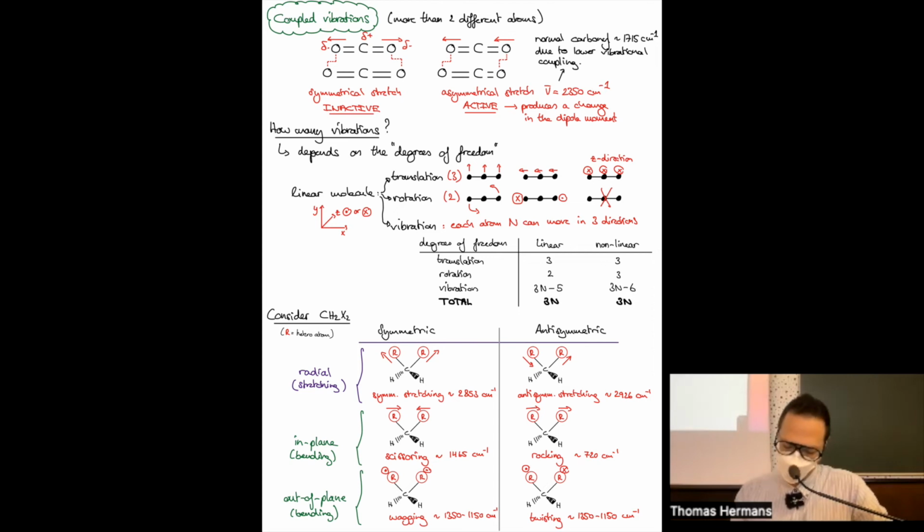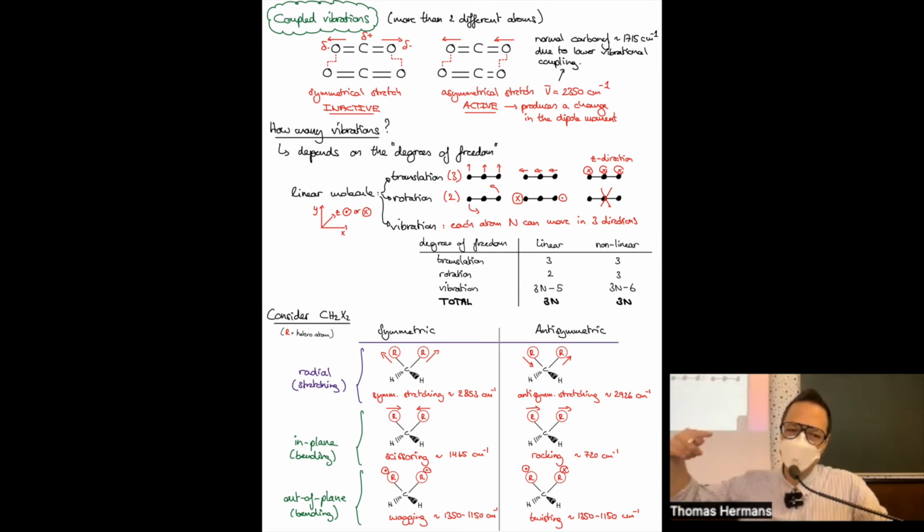Okay, what else can molecules do? They can rotate. If I take the molecule, let's say it can rotate in the XY plane. It can rotate in the XZ plane.